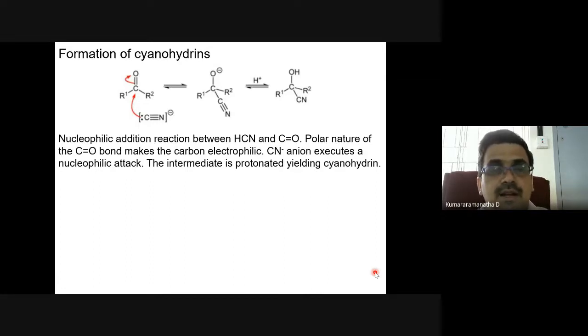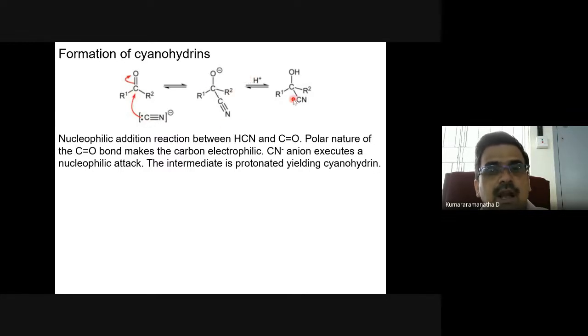Now let us also give some examples so that you get a clearer picture of this: nucleophilic addition reactions between hydrogen cyanide and carbonyl groups. You know the cyano group has a carbon triple bonded to nitrogen, and we have a carbonyl ketone group. Because of the charge, this nucleophile will be added to the carbon electrophile.